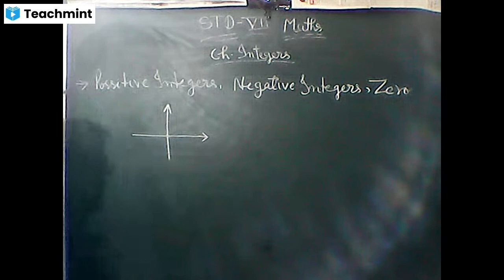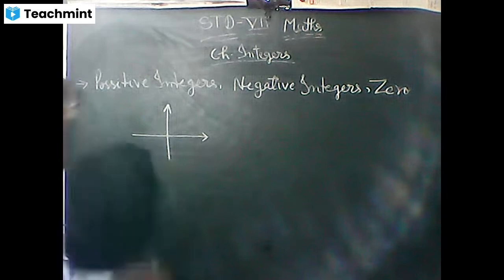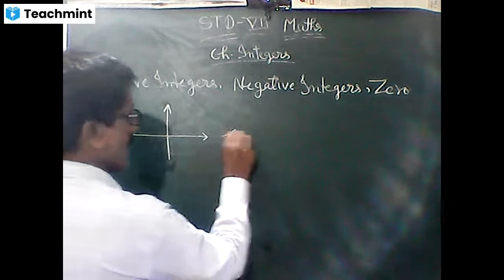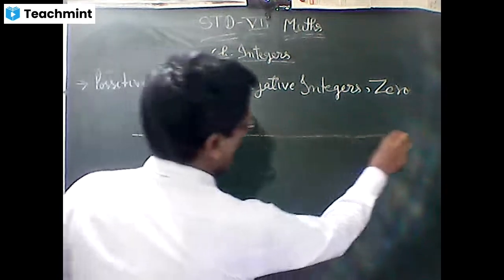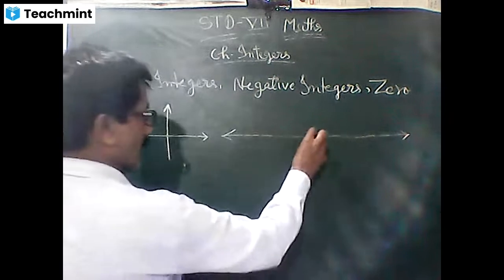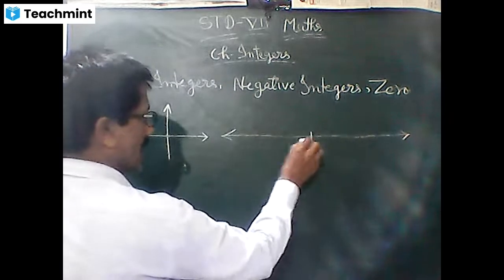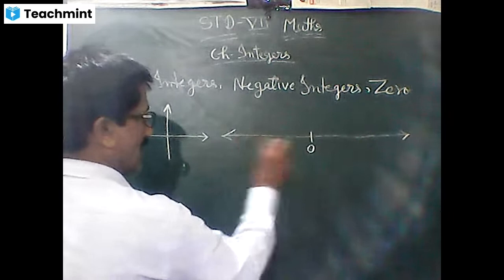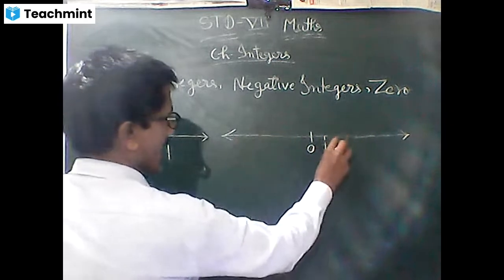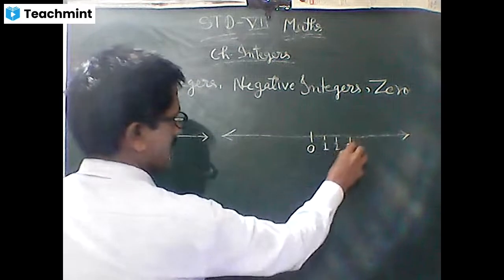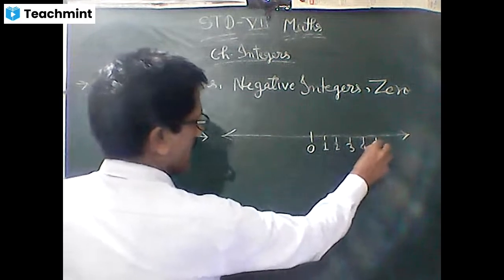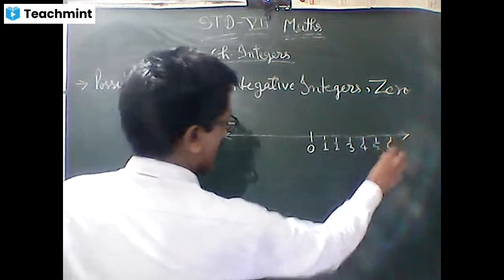And so we can memorize our number line. If our number line is drawn, and in the middle here is 0, the left is called the negative integers, and the right is read as the positive integers. That we have to learn in our previous class.